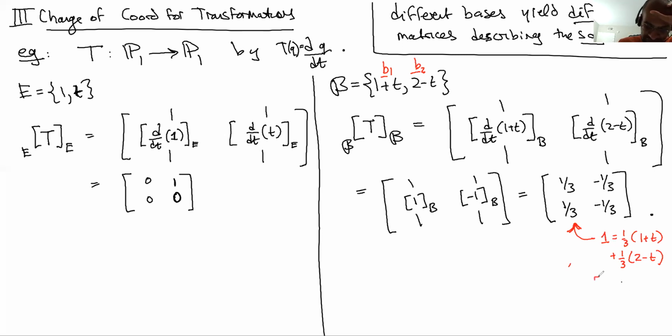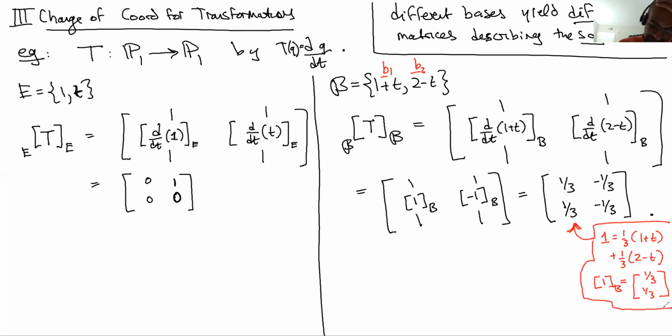So the box thing is saying that the coordinate vector of 1, comma B, is 1/3, 1/3. That's what this is saying. Is that what you wanted me to write? Yeah. Thank you.